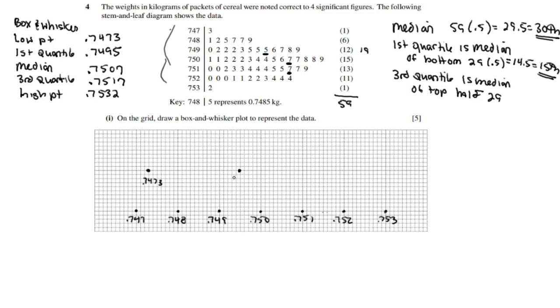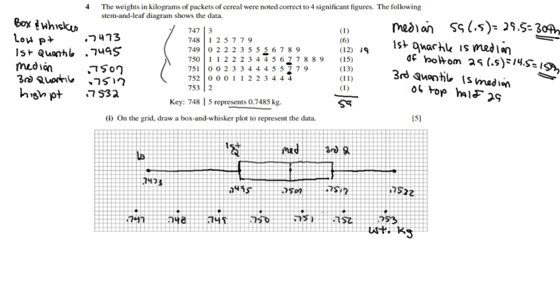You don't have to list them next to the points, but it's not a bad idea because it makes it really clear that you know what the points are, in case you miscounted. Anyway, I list all the points, I draw my box, and then I connect the two things. One of the big deals is that you have to make sure you define your scale. In this case, we're talking weight in kilograms. You can write this on the top if you want, but you really don't have to.